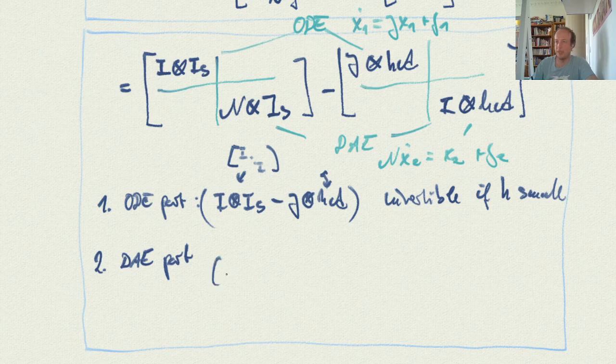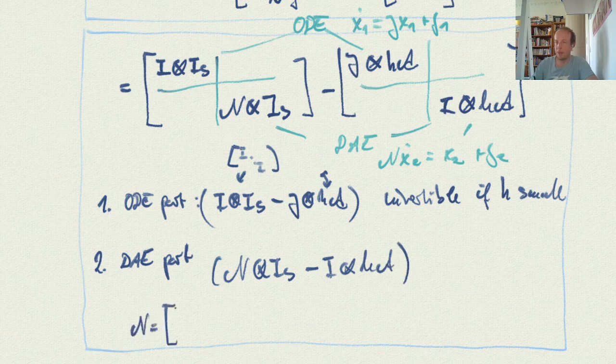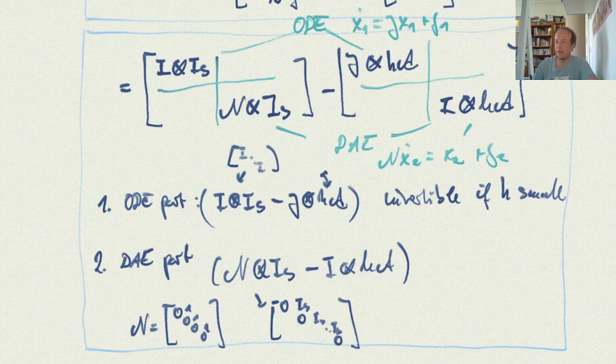The DAE part is N Kronecker I_s minus I Kronecker hA. If N is in this form, and we just assume that this is one Jordan block here, then this part reads 0, a huge 0, I_s, 0, I_s, 0. So we have this matrix, and here we have identity times the hA.